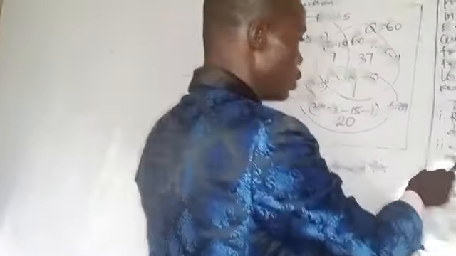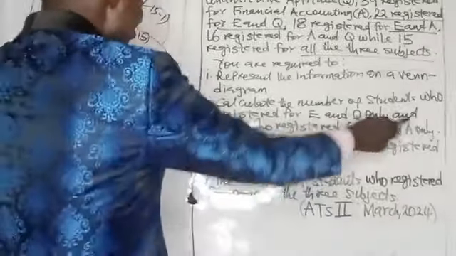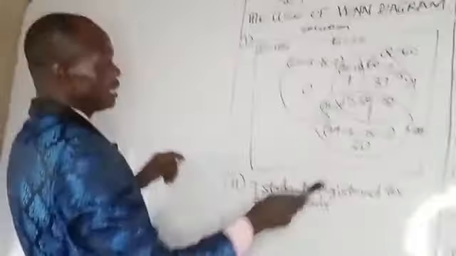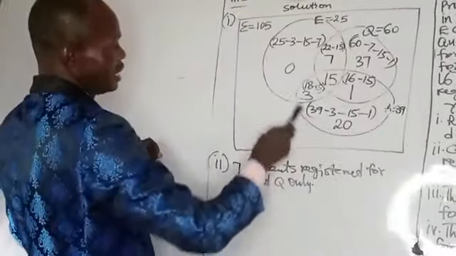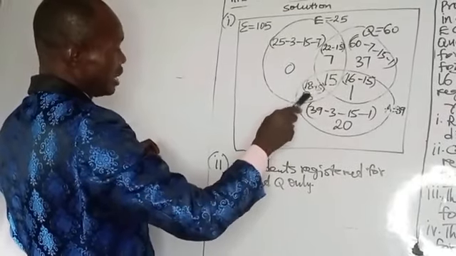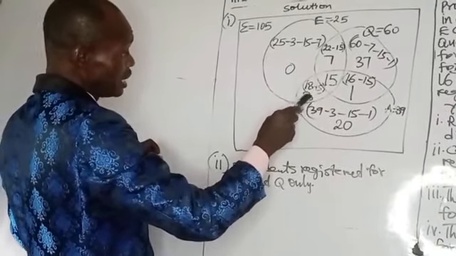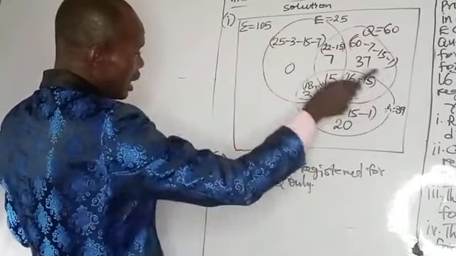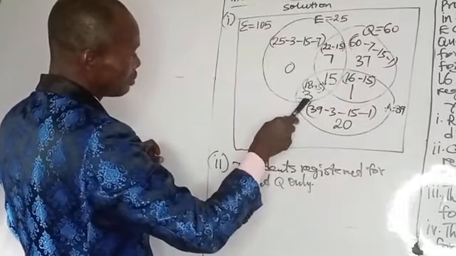Back to the question. Same note too. E and Q only. And those who registered for E and A only. This is E and this is A. The region involving the two together, E and A only, is this region. The 3 is part of this circle, and that 3 is also part of this circle.